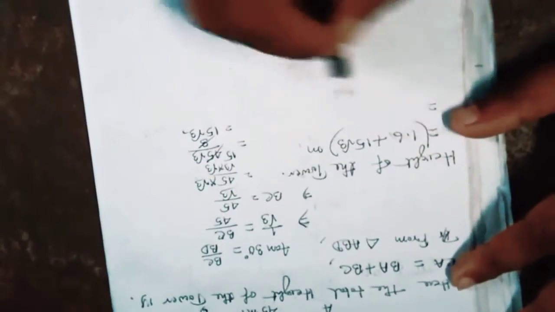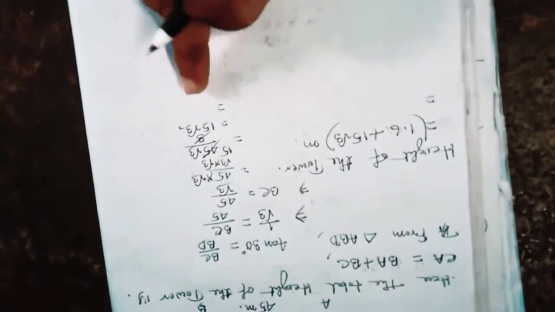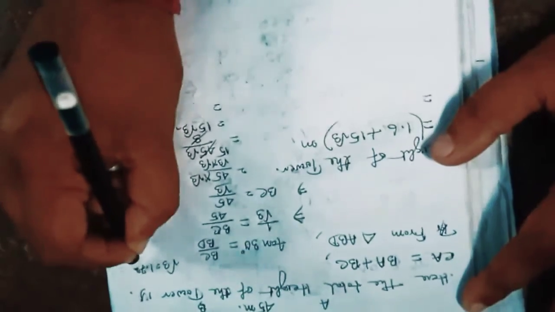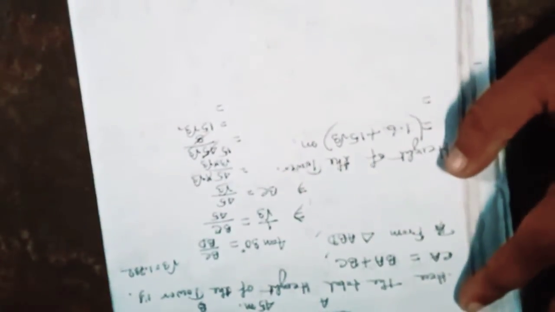Now here we have to use the value of root 3, which is given as 1.732.